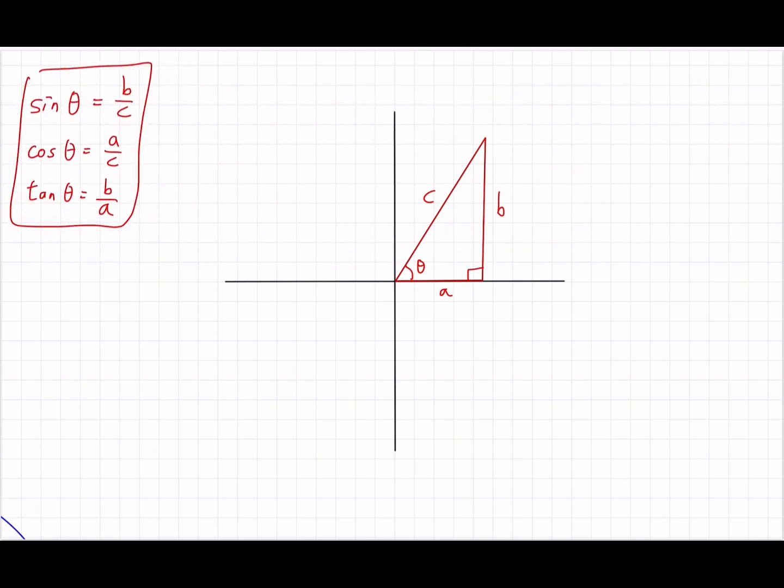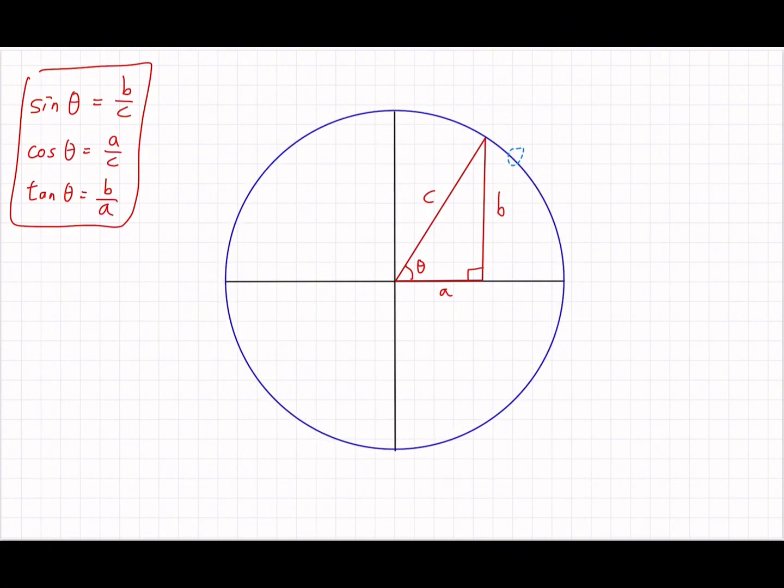But now the circle comes into the picture. This is a circle that has radius of C, so C is the radius of the circle, and A and B are the coordinates of this point. Let's change all our variables now.